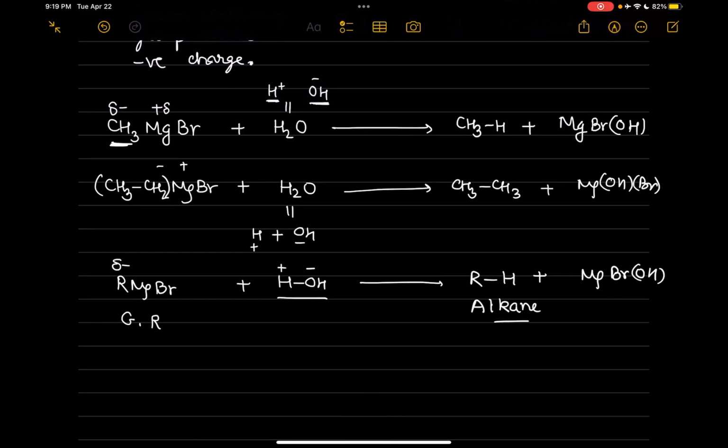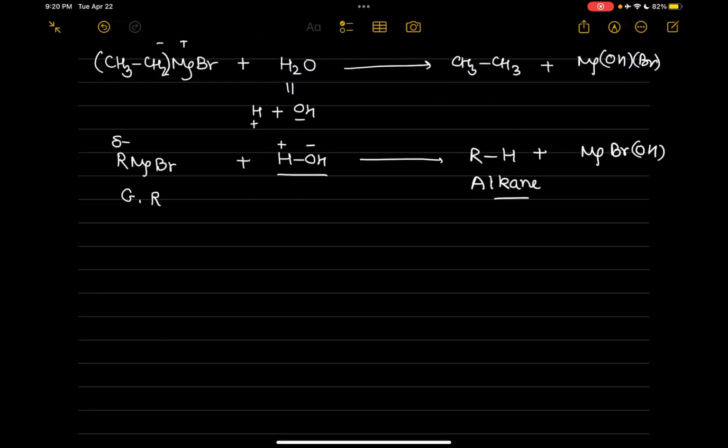Because the magnesium was removed and H plus was connected to R, so you ended up with alkane. So this is in a way a method to reduce alkyl halide, and reduction means addition of H. Is it clear? So let's do one reaction.